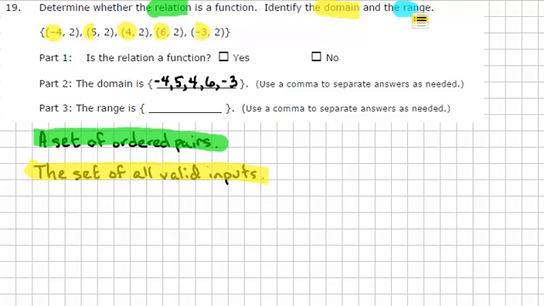What is the range? The range is the set of all outputs.